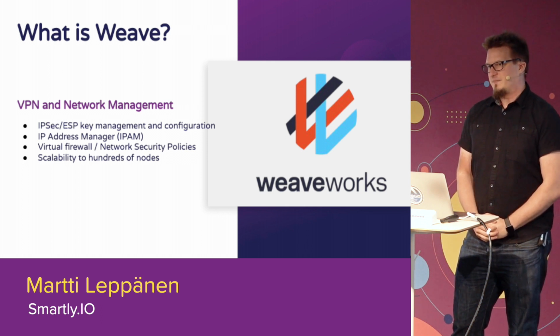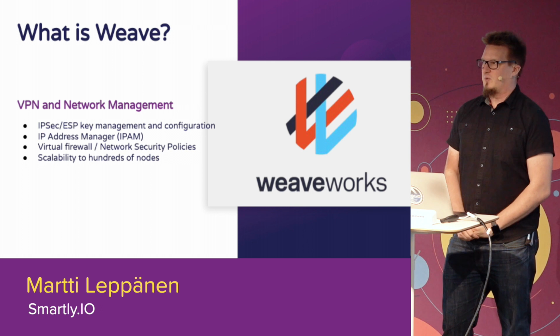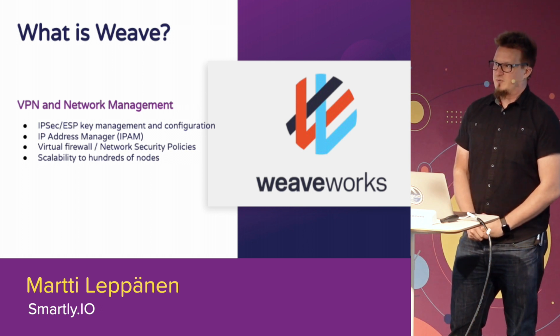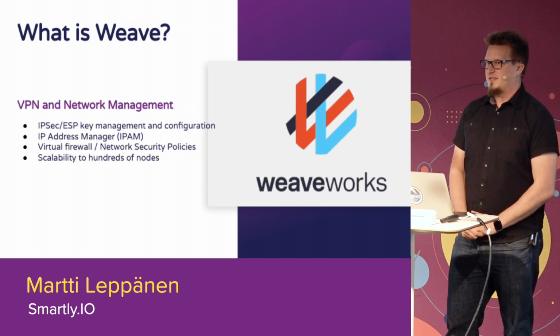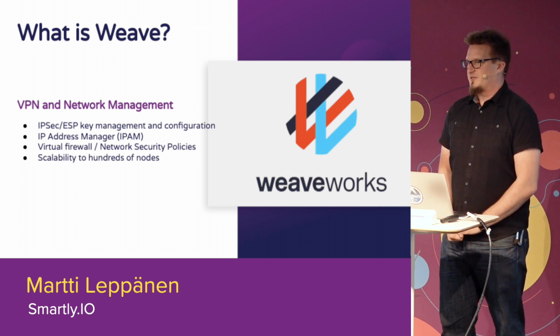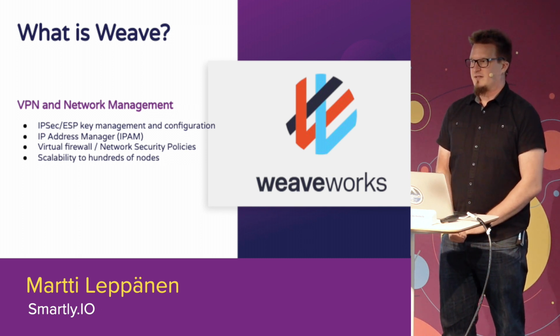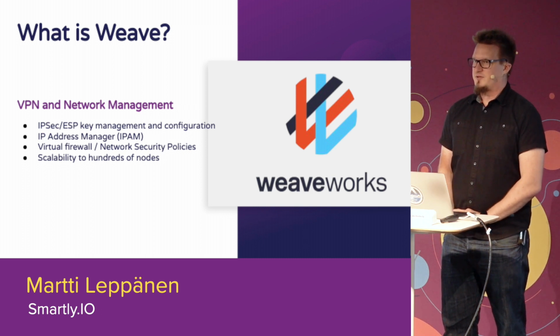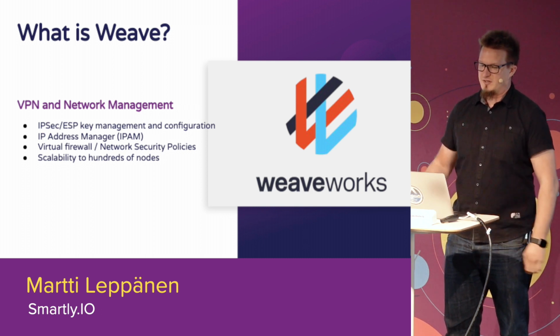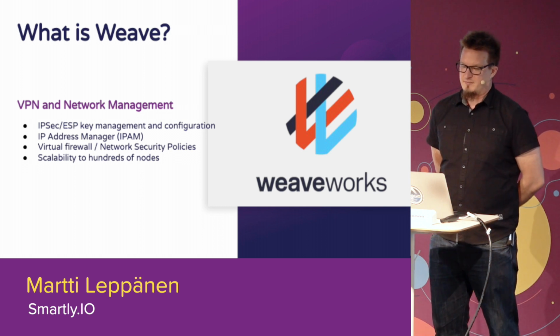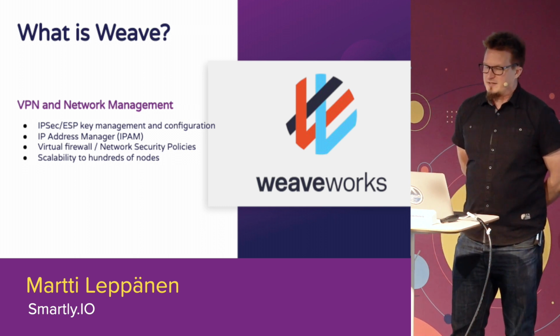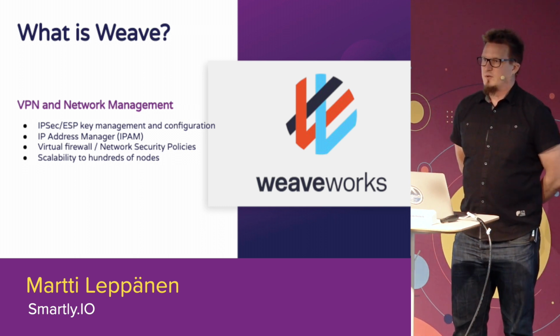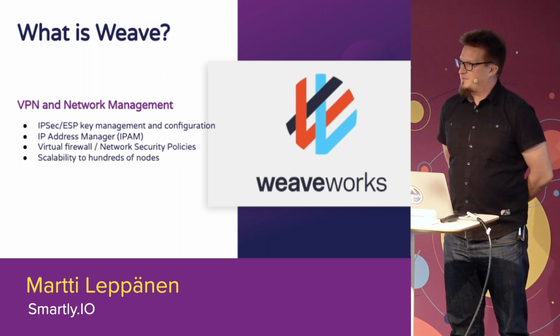A lot of the other VPN solutions might be slow when you have a lot of network traffic and you want to transfer gigabytes and gigabytes of data. You might run into issues where encrypting is suddenly quite a large bottleneck, and Weave does this well because it's able to use the fast data path system, which is utilizing the kernel level data systems. And then, of course, in Kubernetes, Weave also does IP address management.